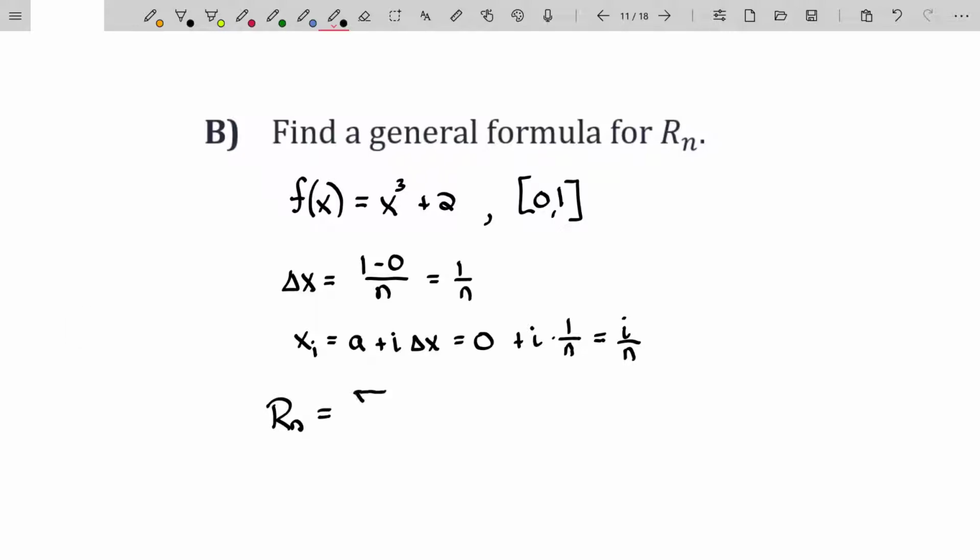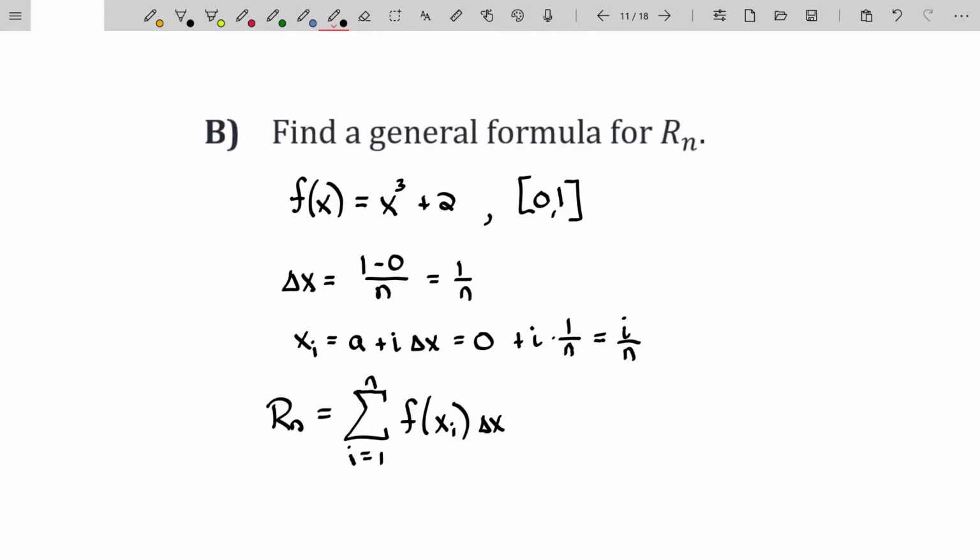The Riemann sum formula is this: the summation i equals 1 to n, because we're doing n subintervals, of f at x sub i times delta x. Now, we're going to insert this information.